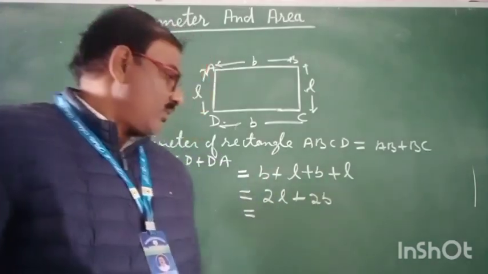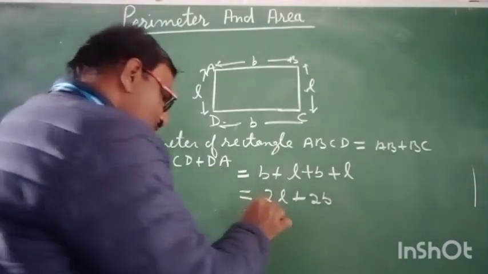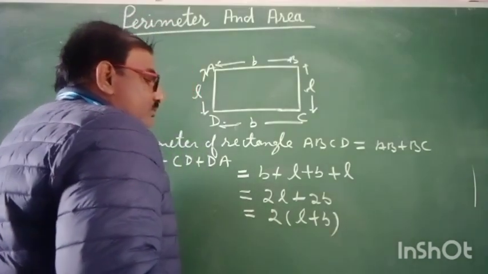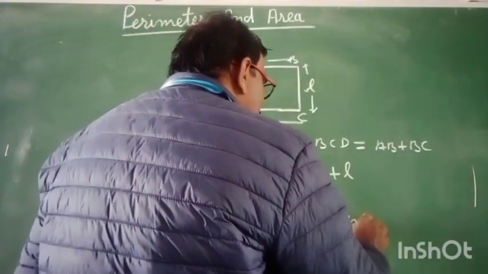We can also write it as 2(L plus B) unit.